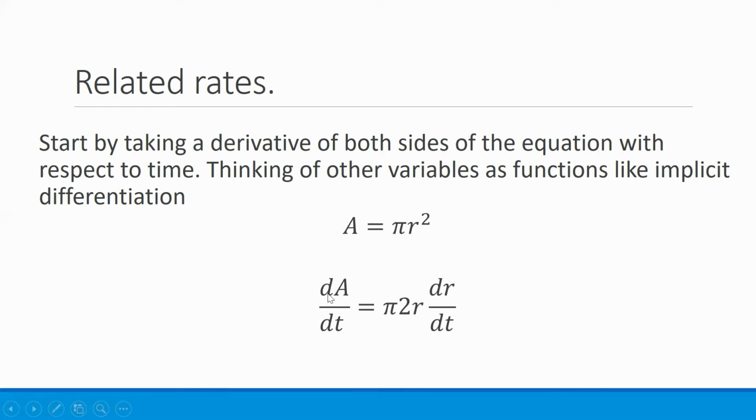So we get the area is changing with respect to time, and the radius is changing with respect to time. Notice the relationship here is that the rate of change of the area is equal to 2 pi r times the rate of change of the radius.